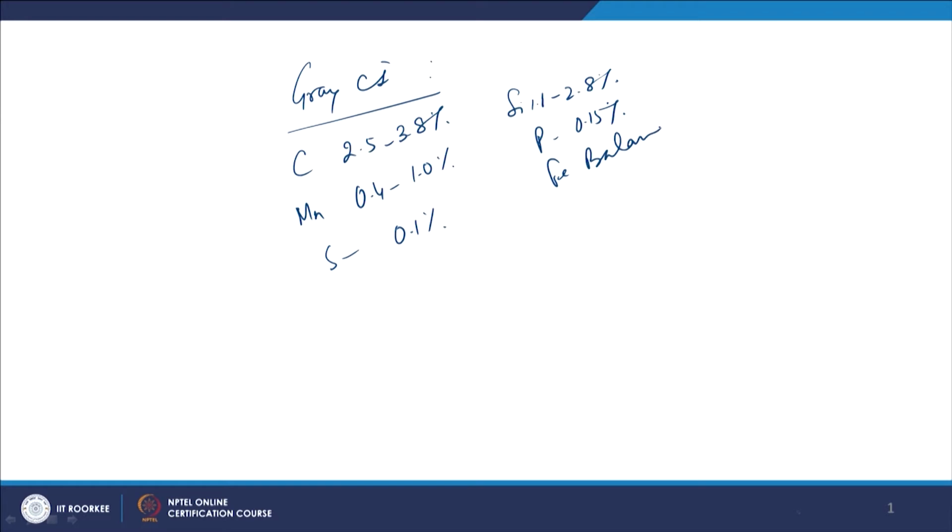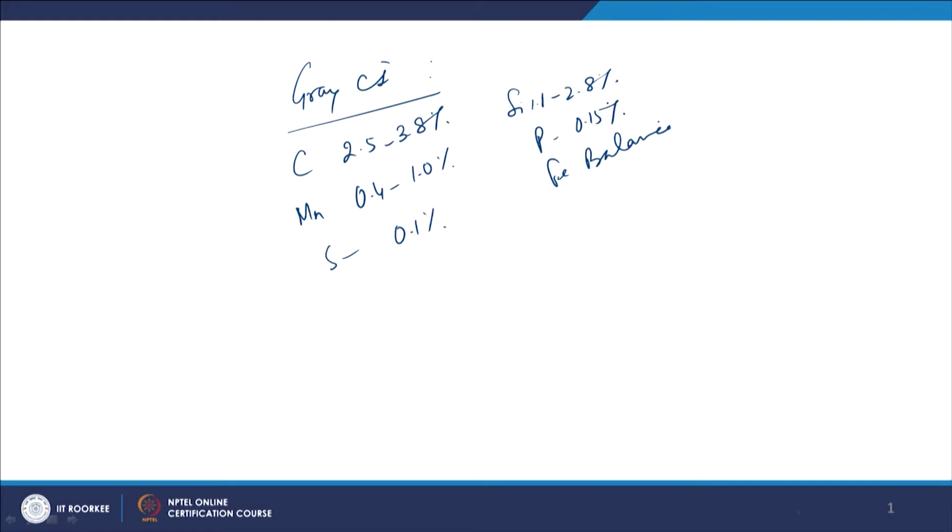So what you see is that carbon and silicon are present in considerable amounts. Carbon plus silicon divided by 3 is defined as the carbon equivalent, and even phosphorus is taken into account in that way.